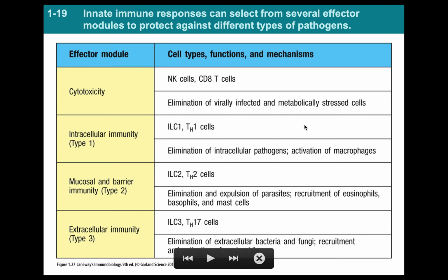So there's type 1, innate, adaptive immunity. And so this is going to be driven by these cells. It's going to be called a Th1 response. That's the most common way that you'll hear it discussed in the things that we're going to be reading.